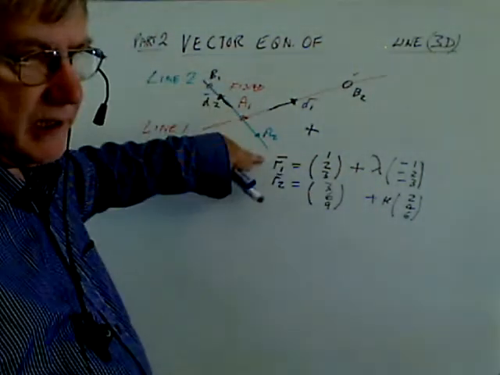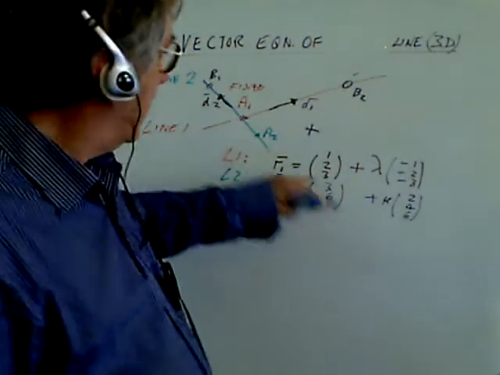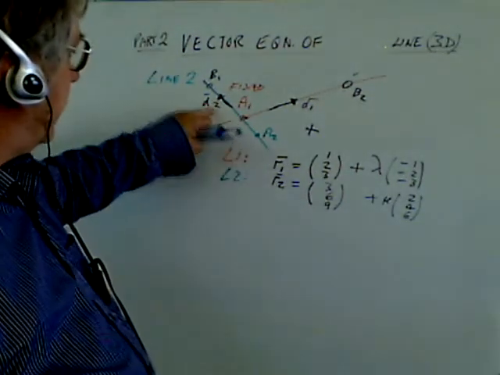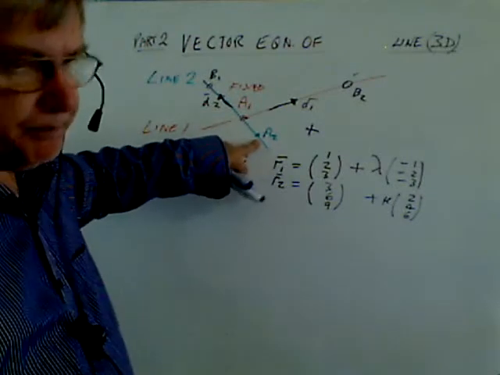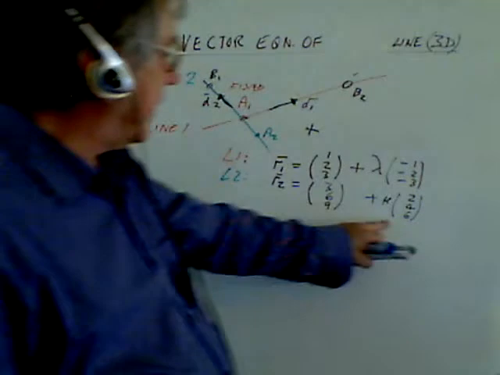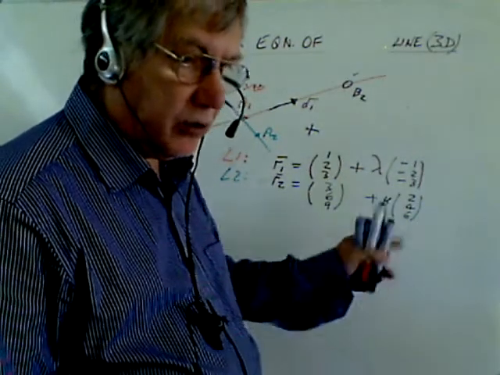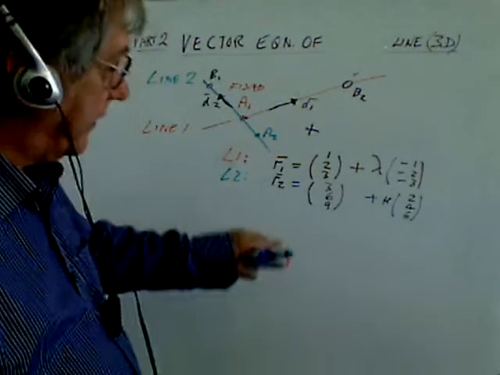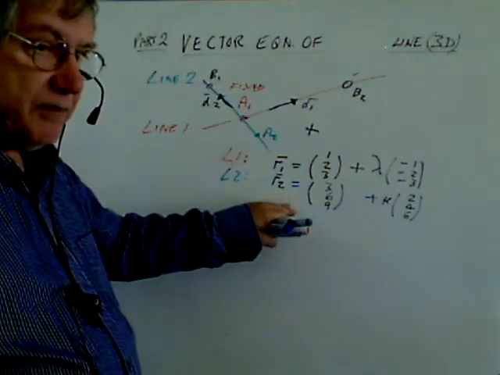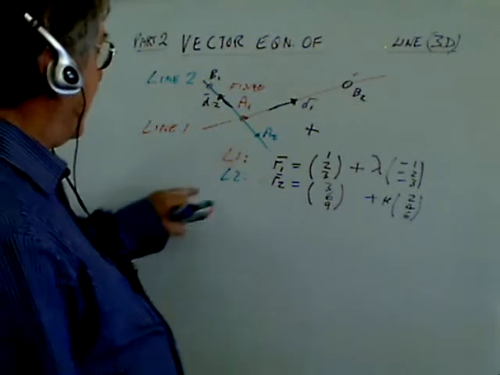Line 2, the green line, is given by the equation (3, 6, 9), which defines a point A2 on this line, plus mu times (2, 4, 6), so its direction vector is (2, 4, 6). So these, to me, look like different equations. But I'm going to show they're actually the same straight line, and that's the point of this exercise.